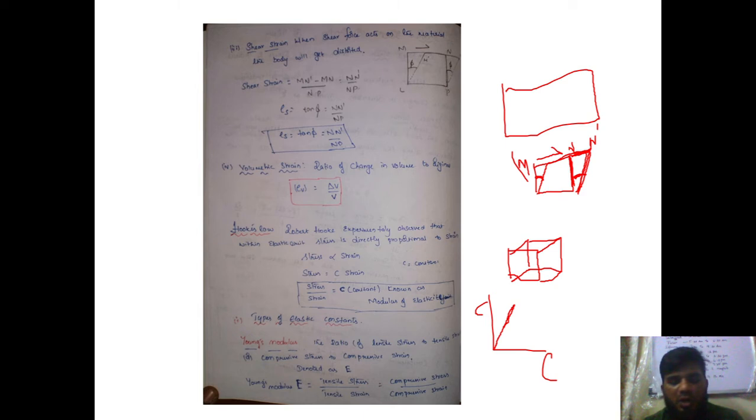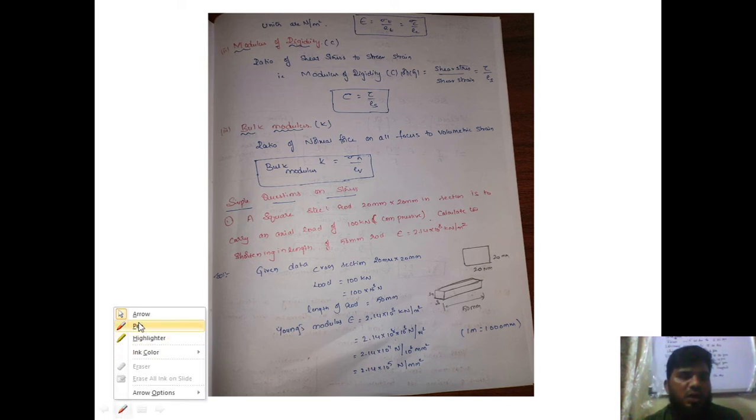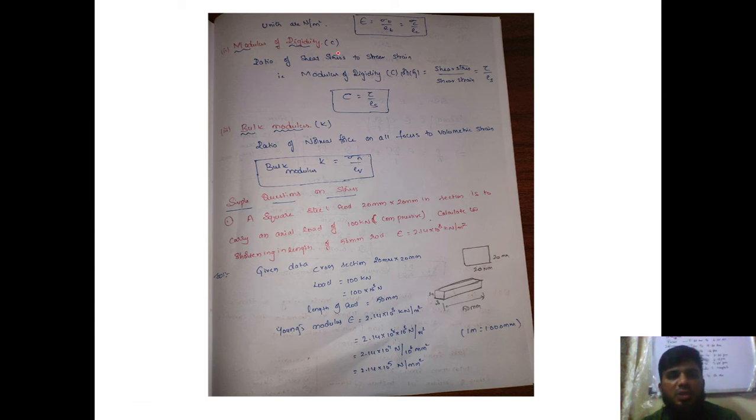The Young's modulus will always be linear. Modulus of rigidity will be area modulus, whereas bulk modulus will be volume modulus. So this is for length, this is for area, this is for volume. For simplification I am giving you this, there are no certain rules for this. The ratio of shear stress to shear strain.